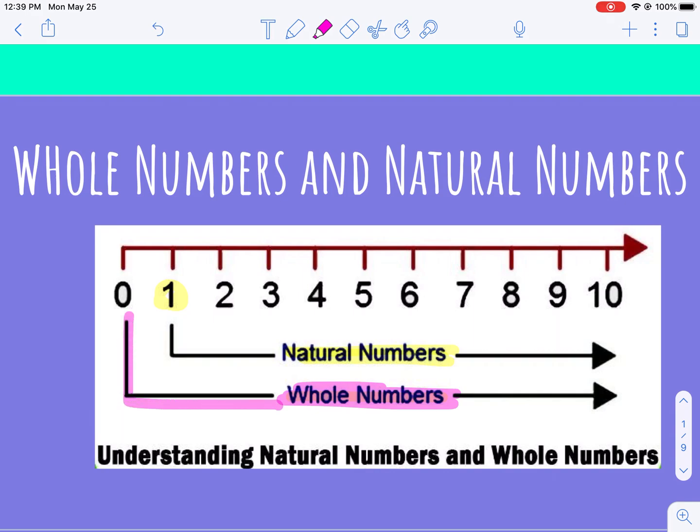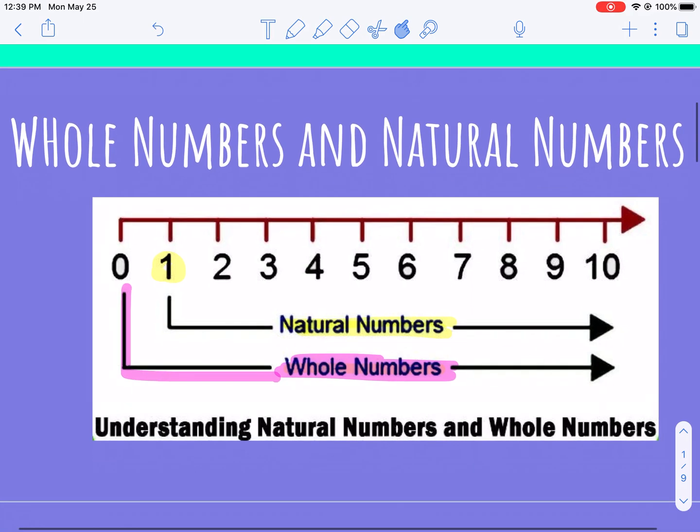Natural numbers do not include 0, okay? So those are 2 ways to categorize numbers. We're going to be working on other ways that we categorize numbers and extending the number line to the left of 0. So these are whole numbers and natural numbers. It might be good to take a screenshot of this and save it in your notes and Notability.